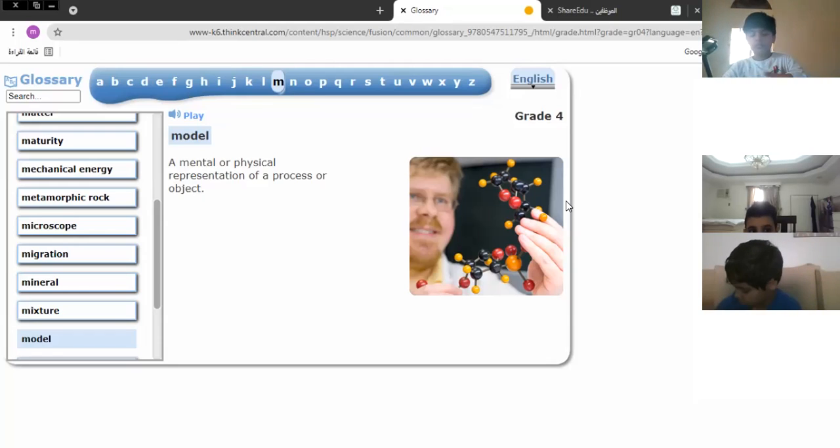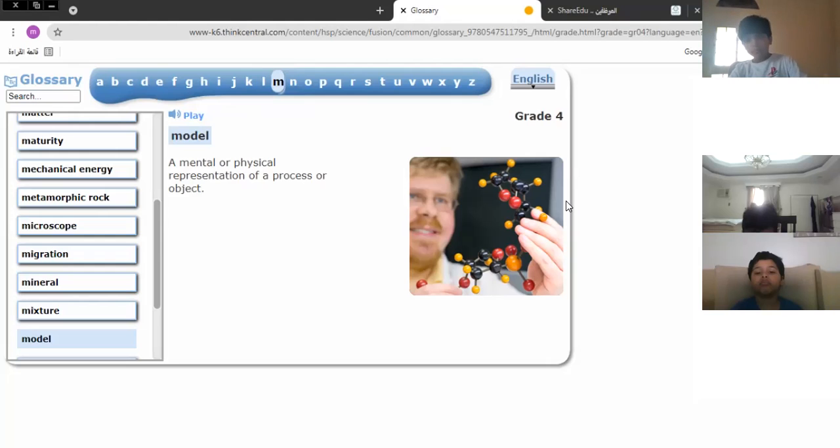Also, we can model a very big building, like Khalifa Tower in Dubai. In real life it's 828 meters tall. But we can model it like only 1 meter or less.